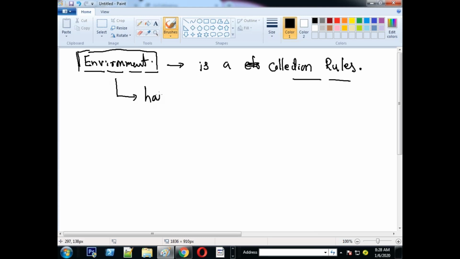Environment has 3 spaces. Come on, seniors can say the answer for this. Who already attended an introduction session of it? Action space, yes.